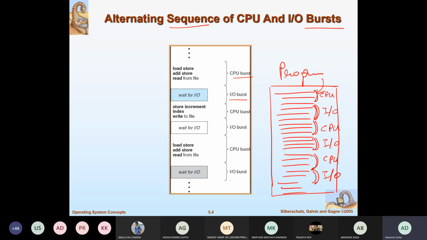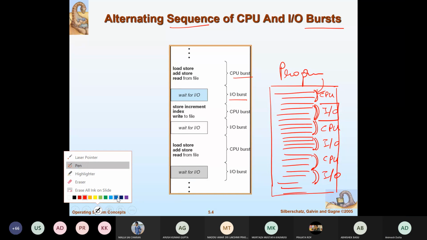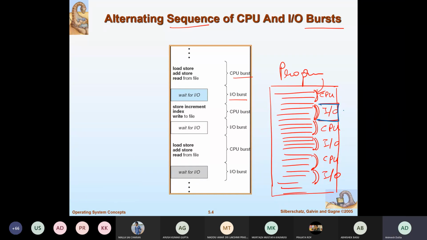When it is in the IO burst, that particular process will be in an IO operation and the CPU will be free, so it can be given to some other process.